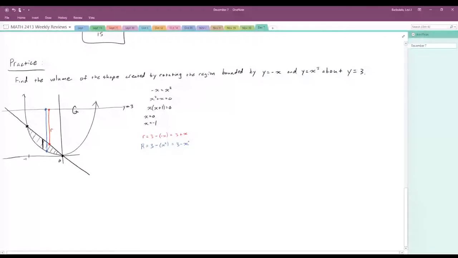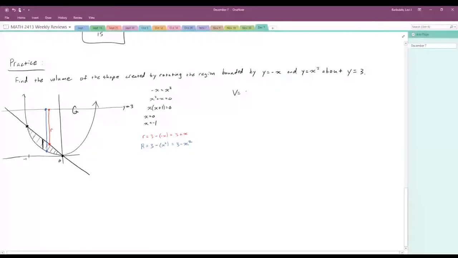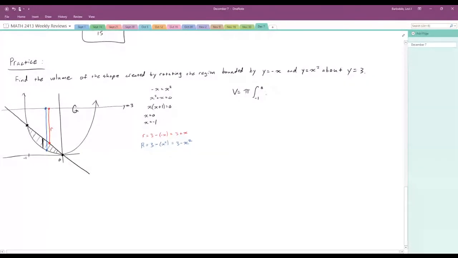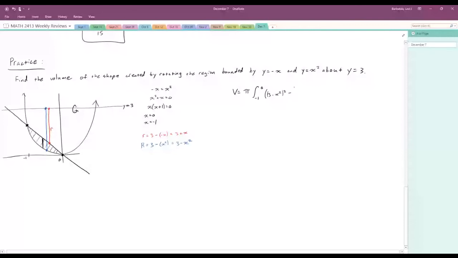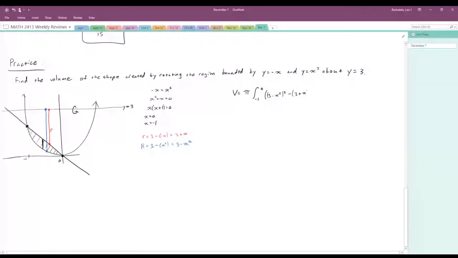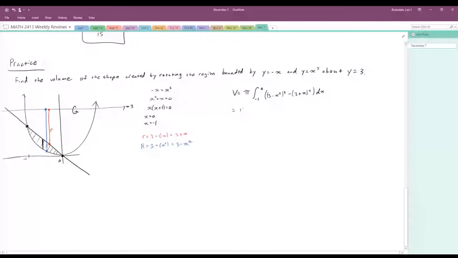And now I can go ahead and write my formula. So my volume is going to be pi times the integral from -1 up to 0 of my capital R squared, so 3 minus x squared, minus my lowercase r squared. And now I can just solve my integral.